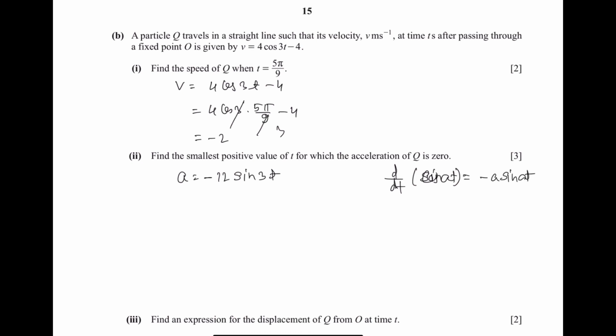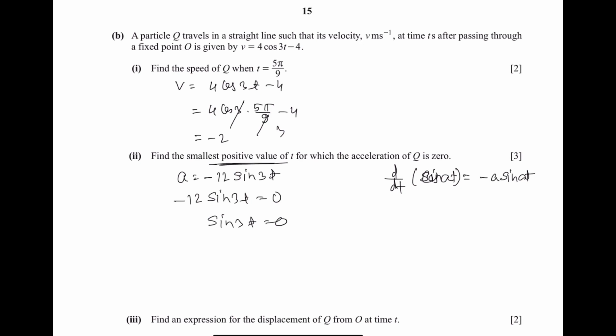Now let me find the smallest positive value of t for which the acceleration is 0. That means minus 12 sine 3t equals 0. So sine 3t equals 0.